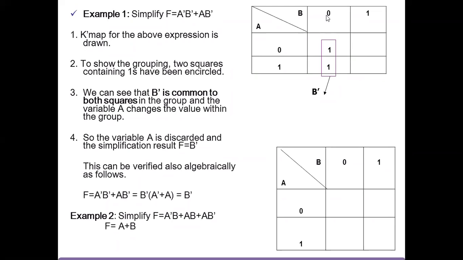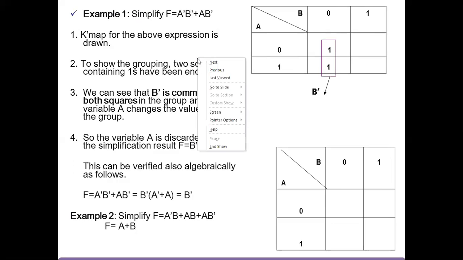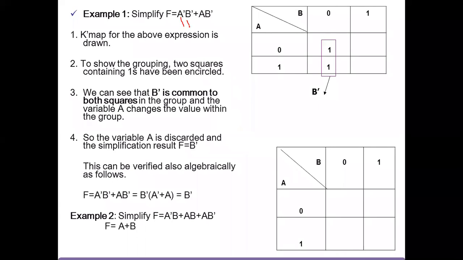You draw the two variable K-map here and fill out the boxes. How can you fill out the boxes? You put 1 when A is 0 and B is 0, both 0, which represents the corresponding function.